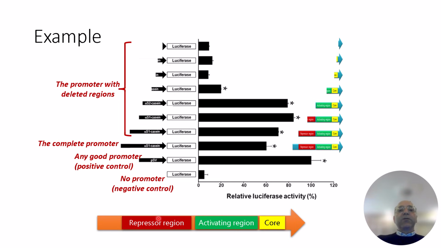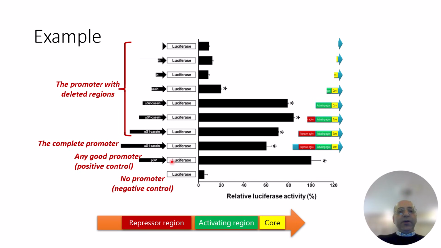And I start creating different fragments of this right here. So I start chopping up, I start deleting different regions. So for example, I remove part of this region, I remove this whole thing, I remove this core promoter complex, and so on.